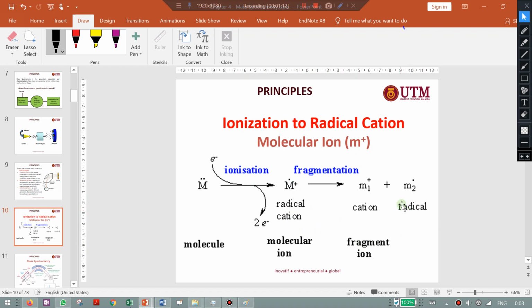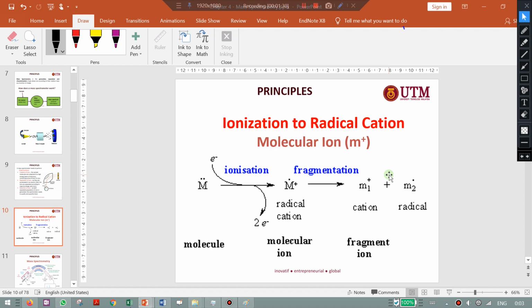Simply put, the radical cation is your molecular ion. The molecular ion represents the whole molecule, and the number of electrons of the molecular ion must be even.